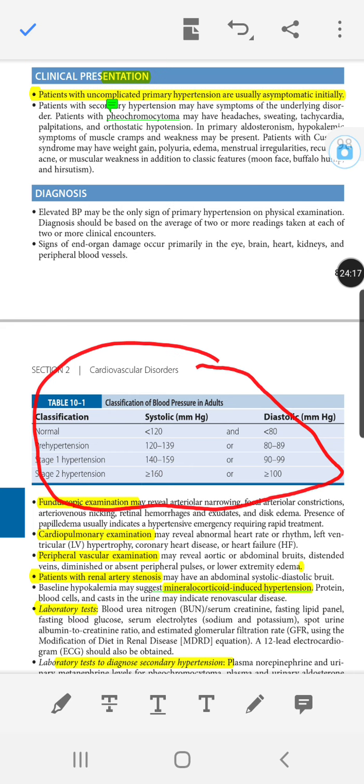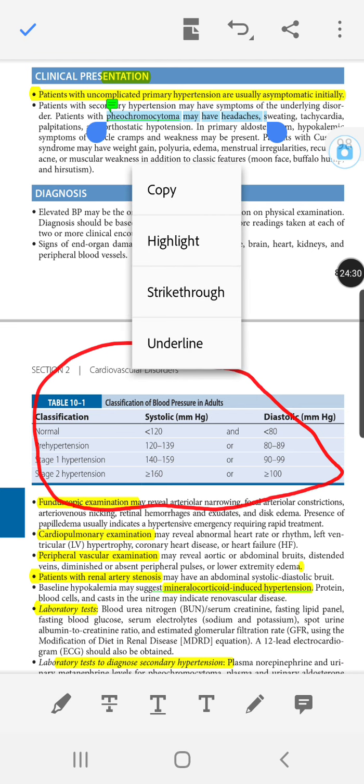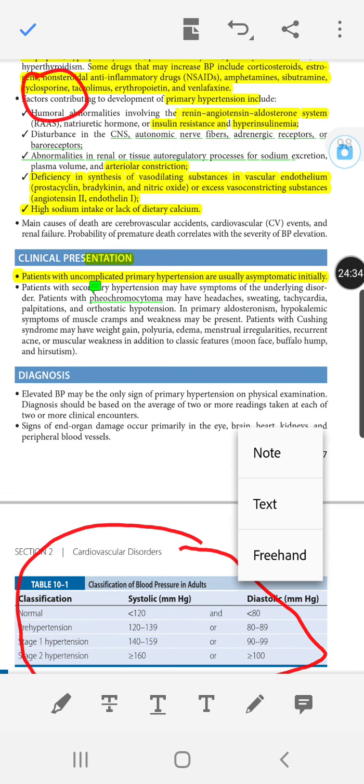Patients with secondary hypertension may have symptoms of the underlying disorders. Clinical presentation means how we can see the symptoms. In easy words, what is a symptom of the hypertension? So the patient with pheochromocytoma may have headaches.